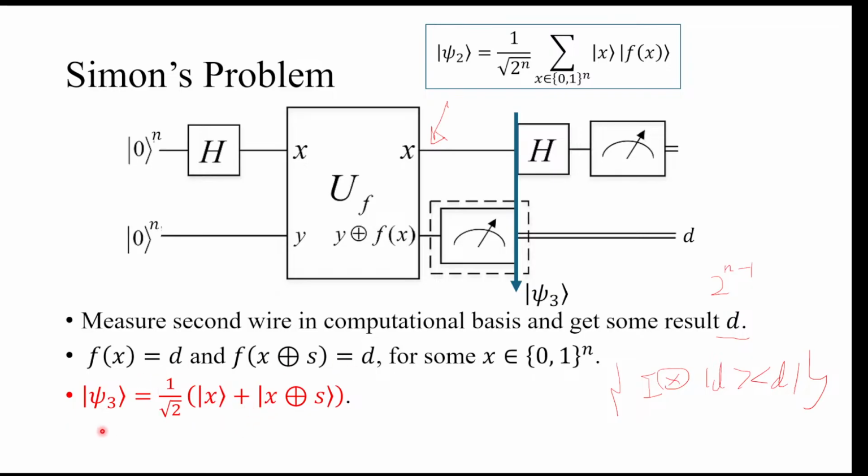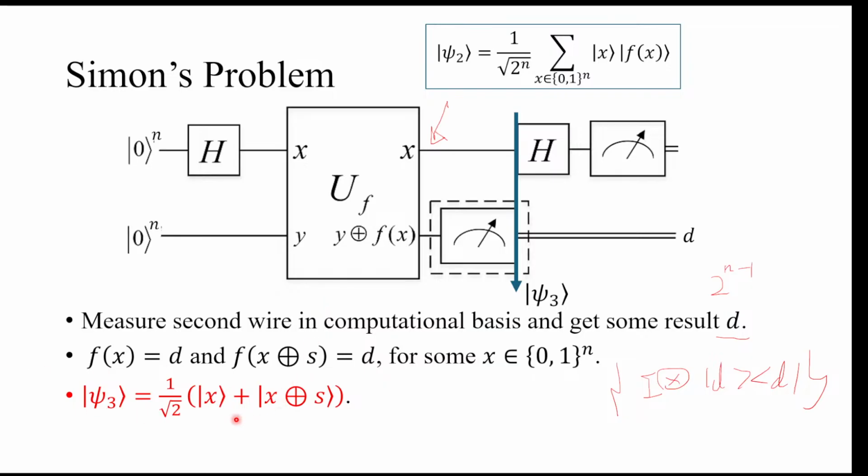We just have some particular x, and x plus the secret s, that is x0 plus s. So from this we get quite a bit of information on s. If we have several copies of this with the same s, then we can know the answer.